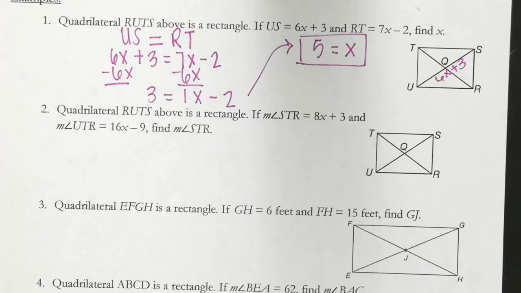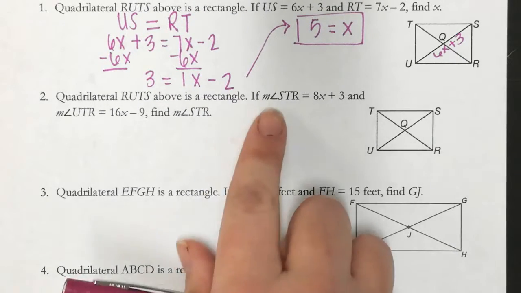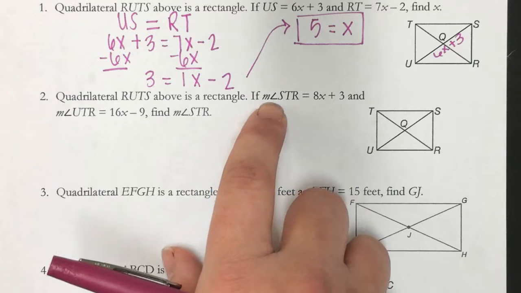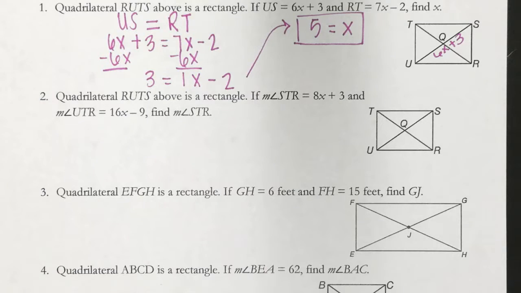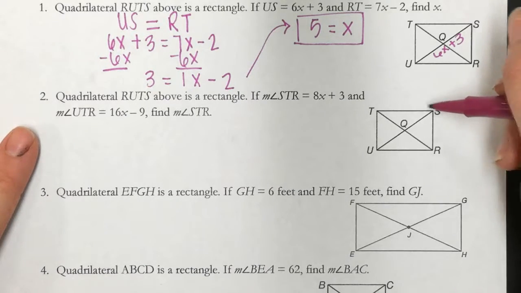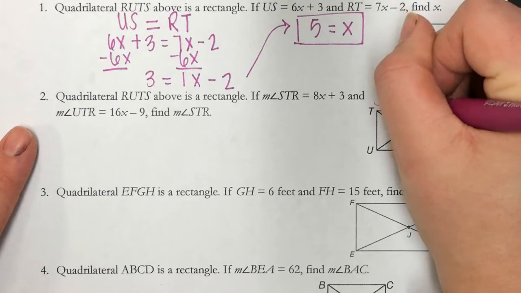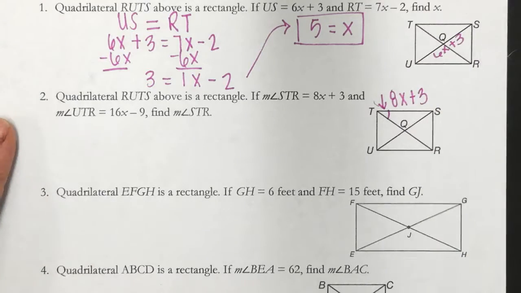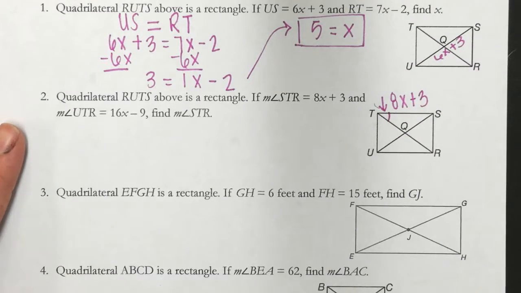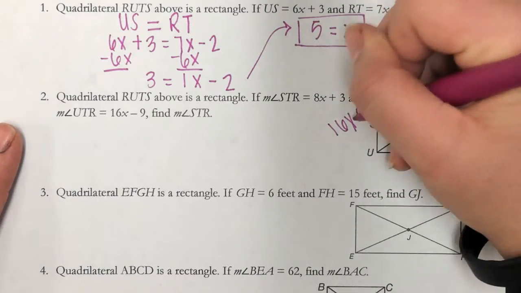Okay, next, they're looking at the angles. If it says measure of the angle, that's how you know it's talking about the angle. So if measure of angle STR, so that's this one, is 8x plus 3, and UTR, that's this one, is equal to 16x minus 9.